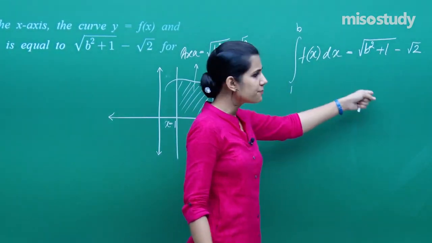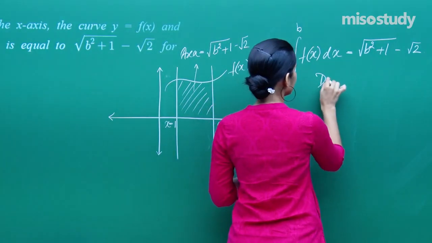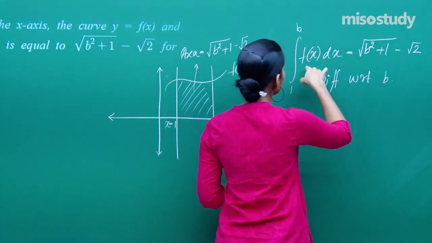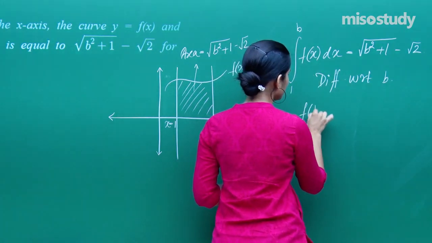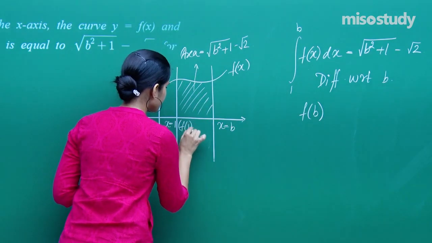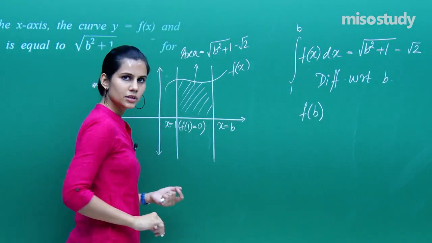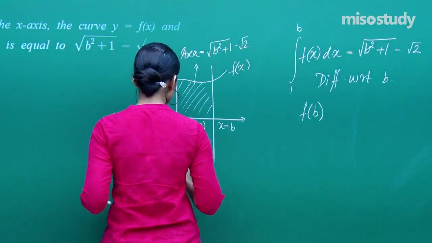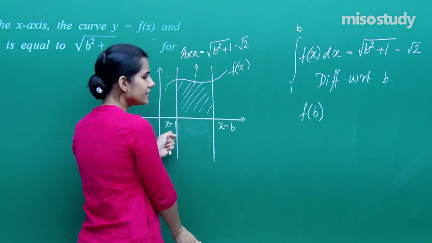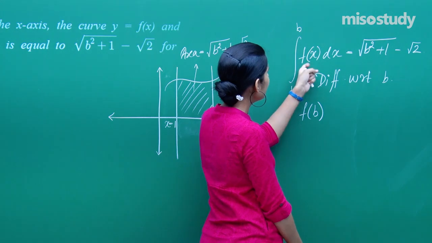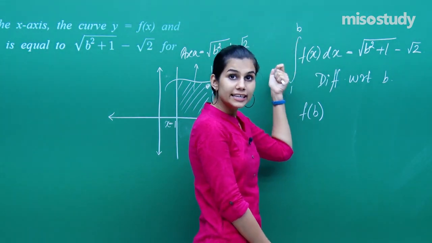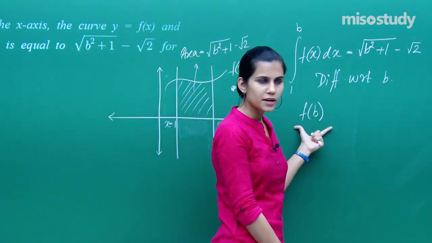When you differentiate both sides with respect to b, you are going to get f of b. Over here, the integral of f(x) dx from 1 to b, when you differentiate, you will be just left with f of b.